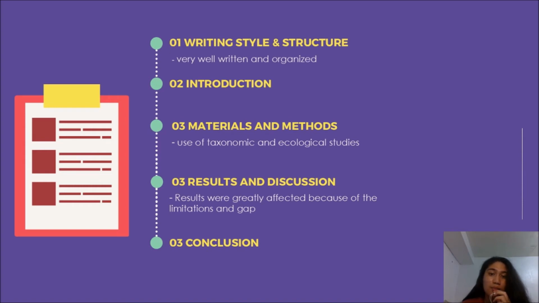But one thing that made sure that the data from the research was accurate is that they gathered samples from Qingdao, Shandong, northern China, and then they were identified first by literature.